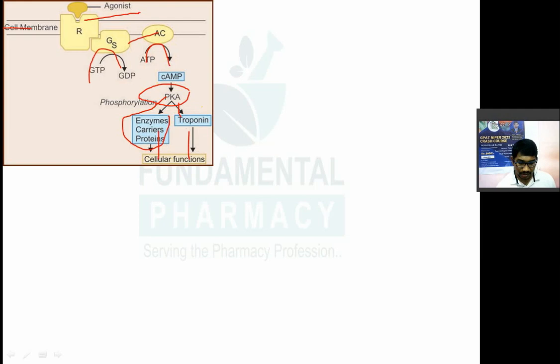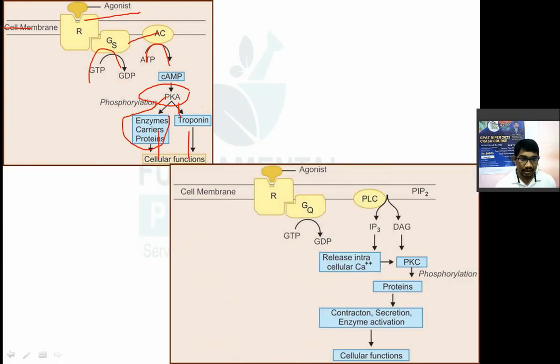If G stimulatory is there, now if G inhibitory is there, okay, and how does GQ work? G inhibitory acts on the ion channel, and the cell membrane, so the agonist will interact with the GPCR receptor. GQ protein will be stimulated, so it will activate the phospholipase C enzyme. There is generation of inositol 3 phosphate and diacylglycerol. What will inositol 3 phosphate do?